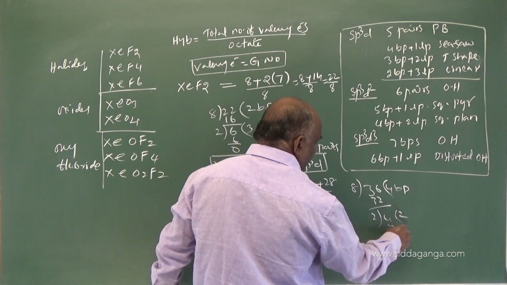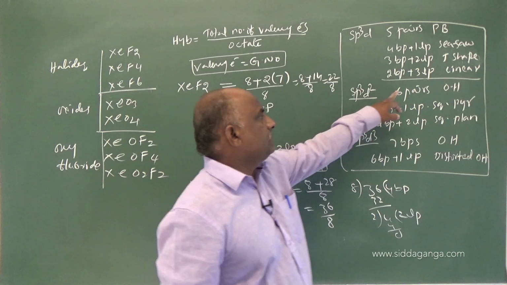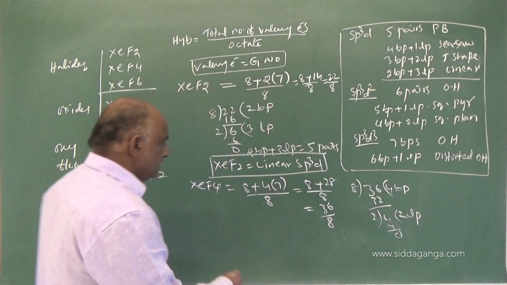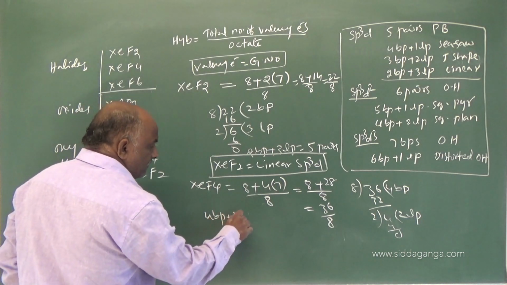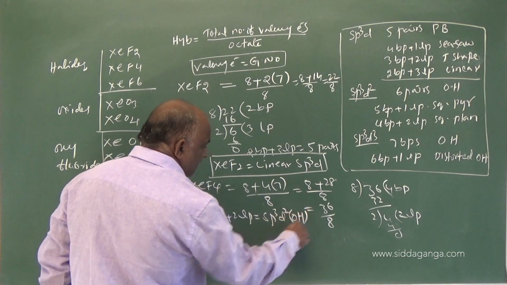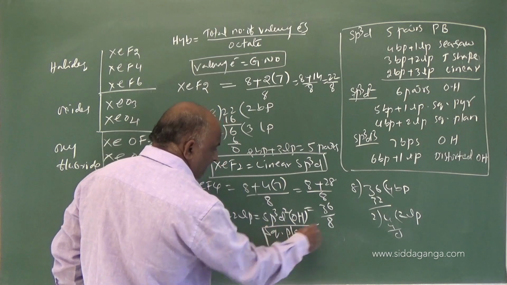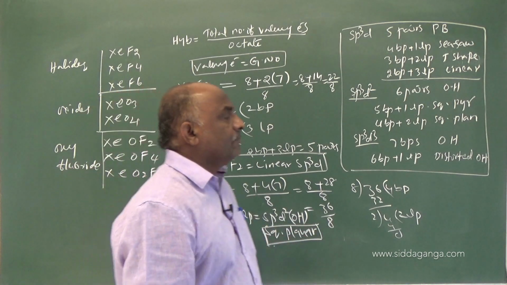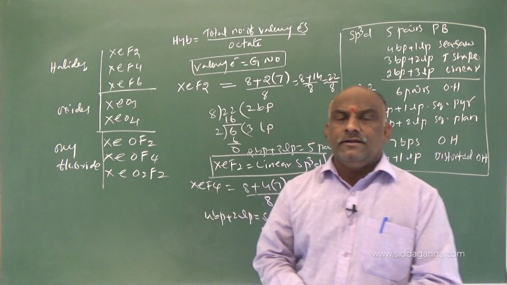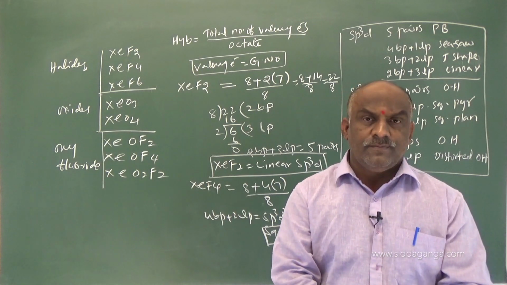The remaining 4 divided by 2 gives 2 lone pairs. 4 plus 2 is 6 pairs, which is octahedral. So 4 bond pairs plus 2 lone pairs is sp3d2. We expect octahedral, but the shape is square planar. Clear? This technique can be used from a competitive point of view, and it saves time.